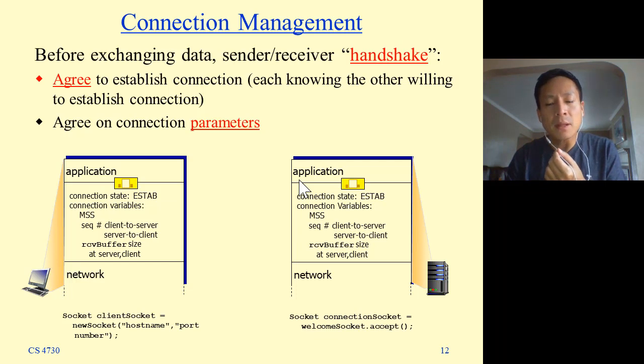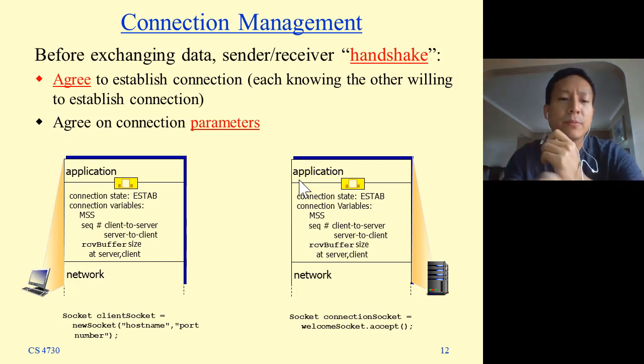All right. Because TCP is connection oriented, as we also mentioned before, we need to establish some kind of connection. So we need to do a handshake. Usually a handshake is a process to make sure each side understands the other.